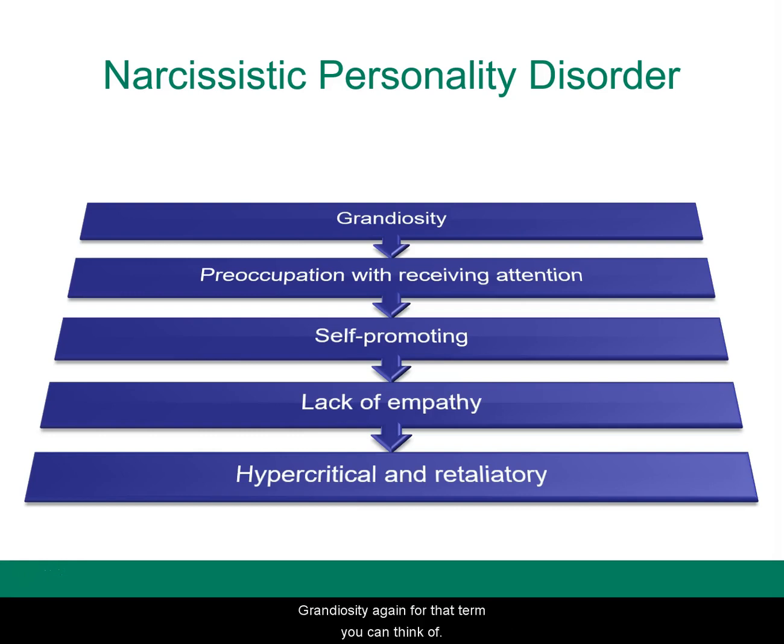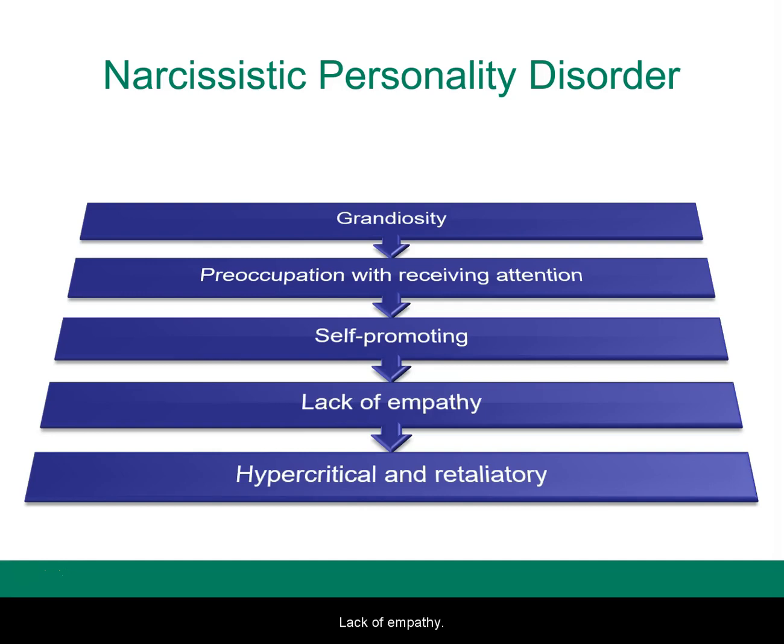That grandiosity, again, for that term, you can think of they kind of over-exaggerate their job, over-exaggerate their income, whatever. It's kind of these grandiose thoughts, or maybe they have grandiose plans for the future.